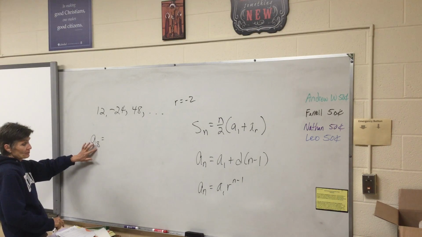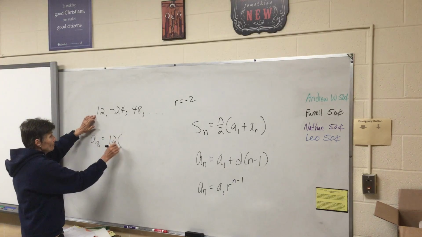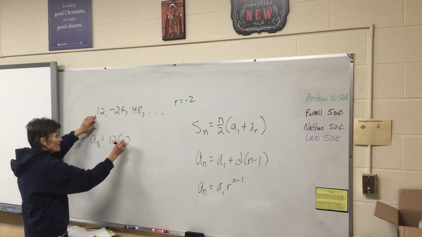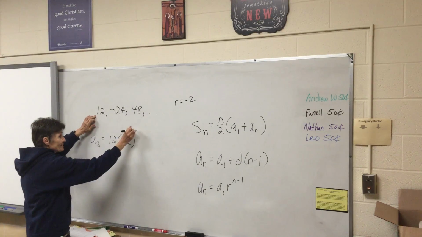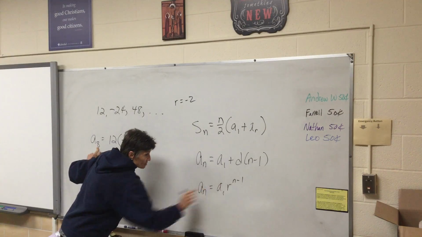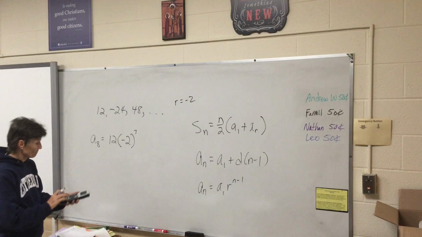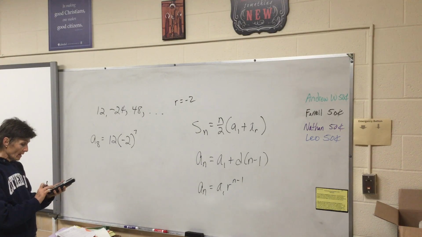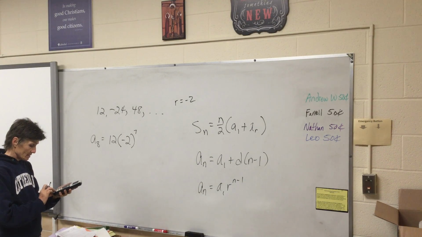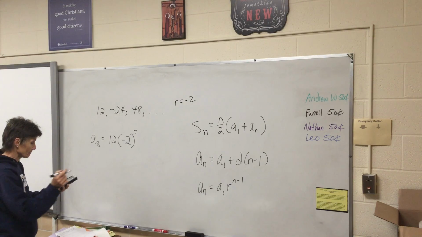So the 8th term will be the first term times the ratio to the 7th. N is 8, so n minus 1 is 7. I just type it in. So 12 times negative 2 raised to the 7th.